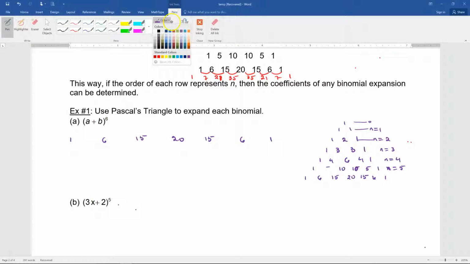So the way it starts is this first term here, you start with that to the power of 6. And the other one, you start with that to the power of 0. So let's do the A's first. It's going to be A to the 6, A to the 5, A to the 4, A to the 3, A to the 2, A to the 1, A to the 0.